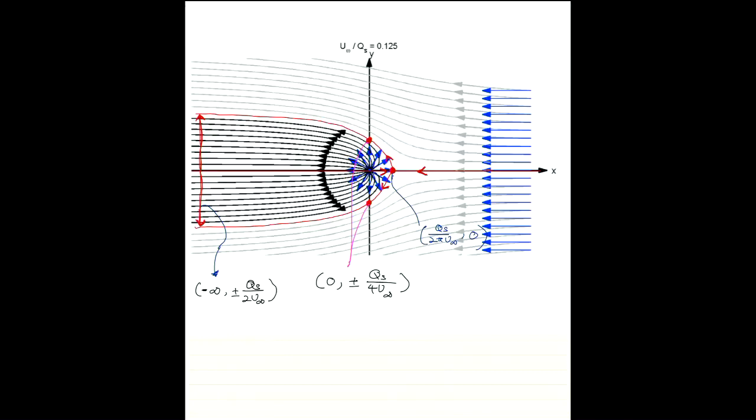You should not only draw the streamlines, but also draw the arrows pointing the direction of the streamlines. So the flow is going towards the left here.